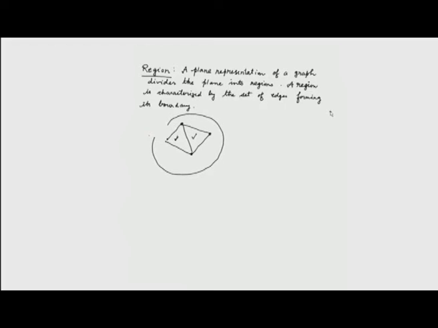So, I can have regions which are both finite and infinite. If the region is enclosed by the edges, then it is finite, but of course, I will have one region which is infinite, which is intuitively outside the graph. So, here we have got 3 regions, let us call them R1, R2 and R3.